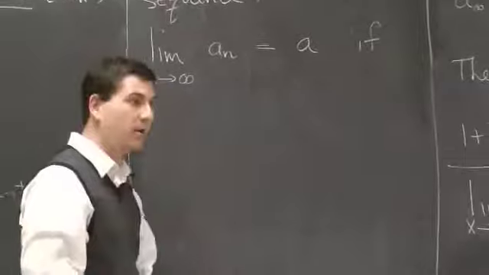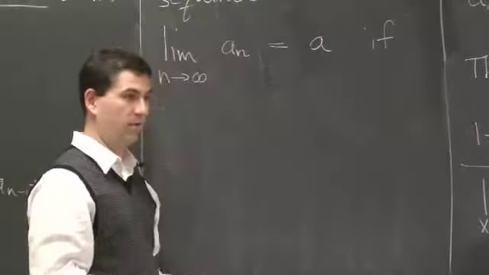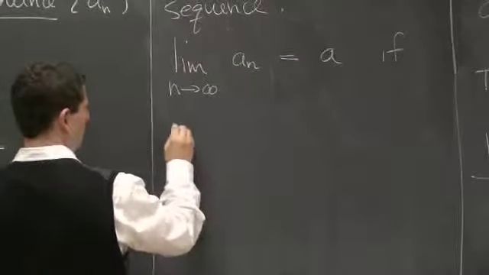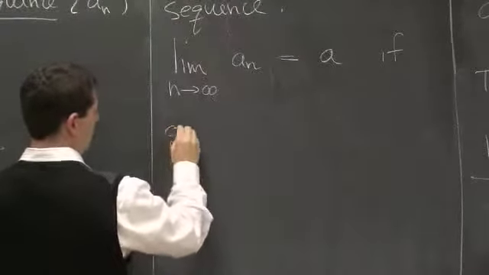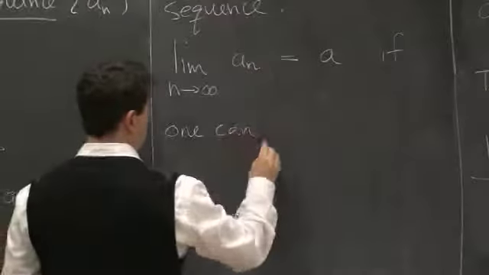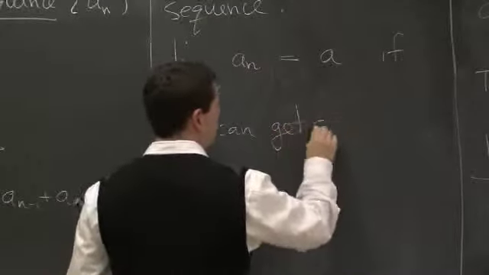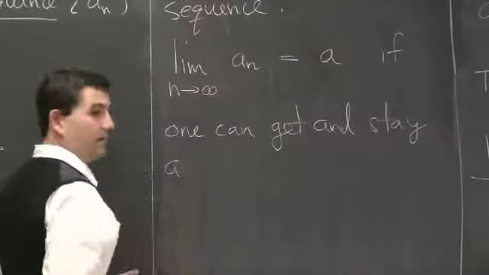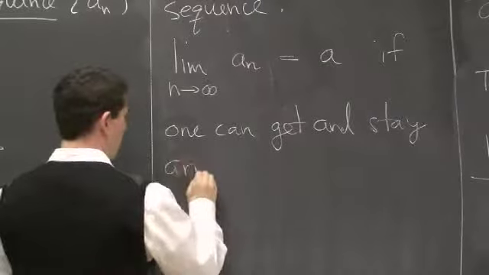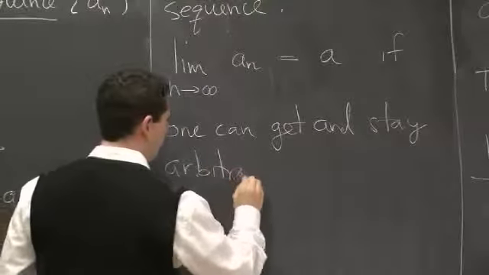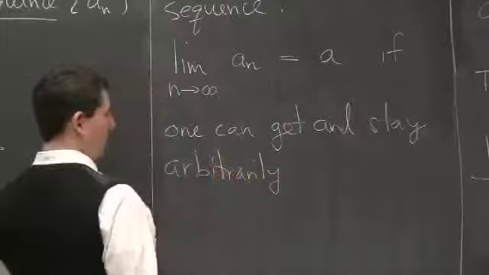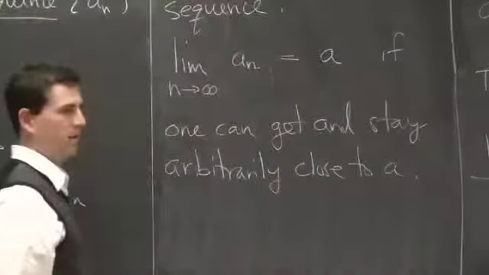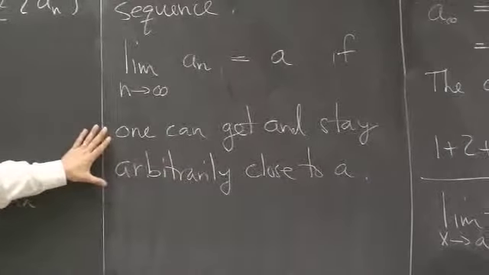You get arbitrarily close to A, and you stay arbitrarily close to A. So if one can get and stay arbitrarily, or infinitely in Dina's case, close to A. Now this is the informal way to write it.